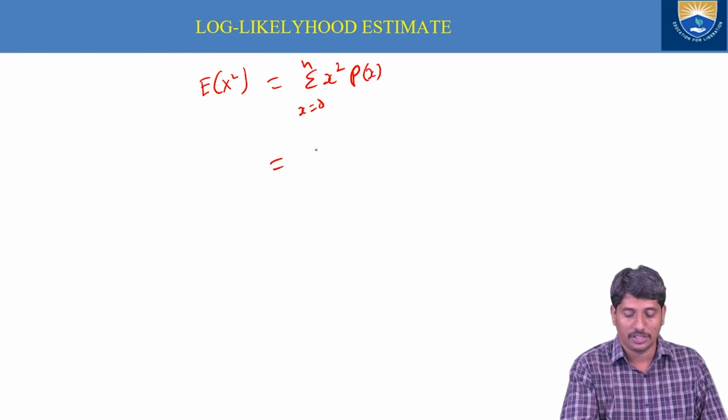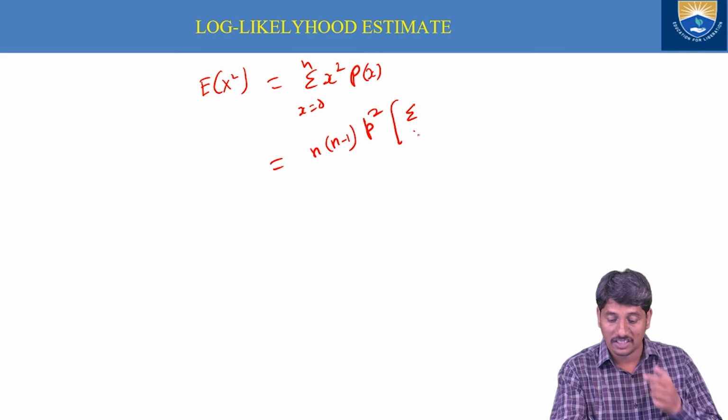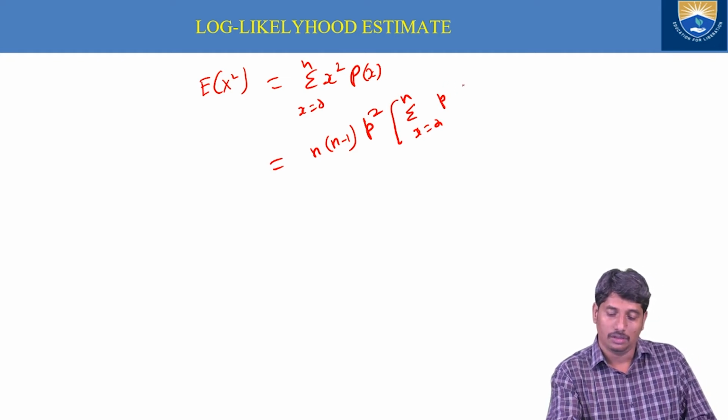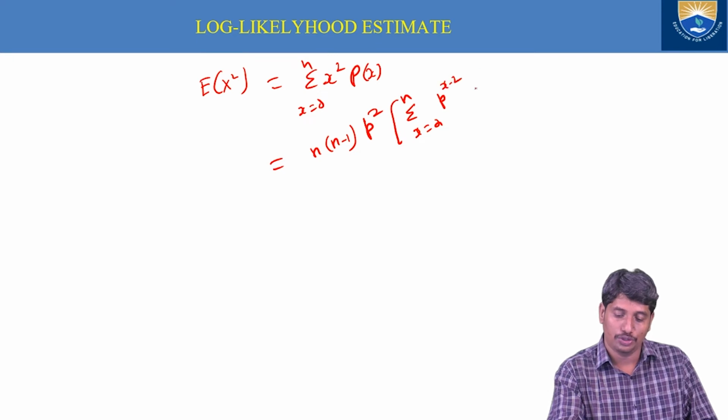We arrived at the step that n into n minus 1 into p square under the summation x = 2 to n, (n minus 2)C(x minus 2), p power x minus 2 into q power n minus 2 minus (x minus 2). Okay, plus np.